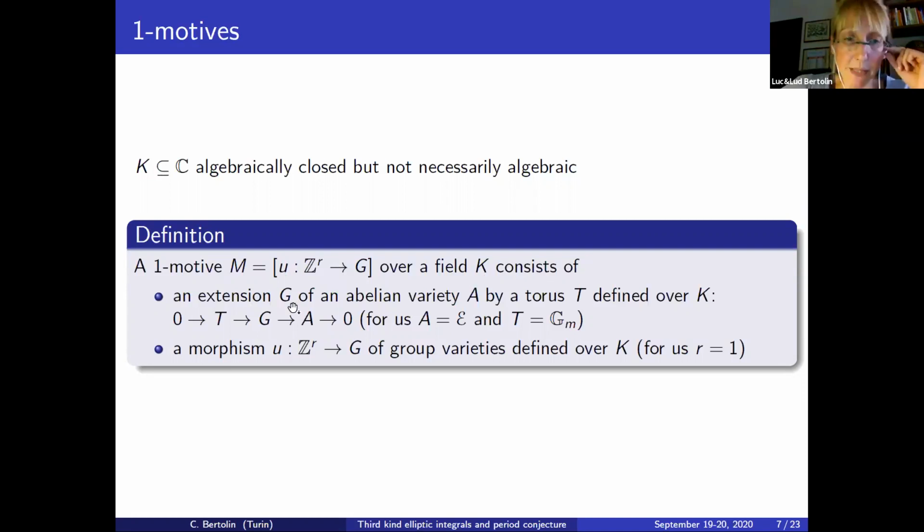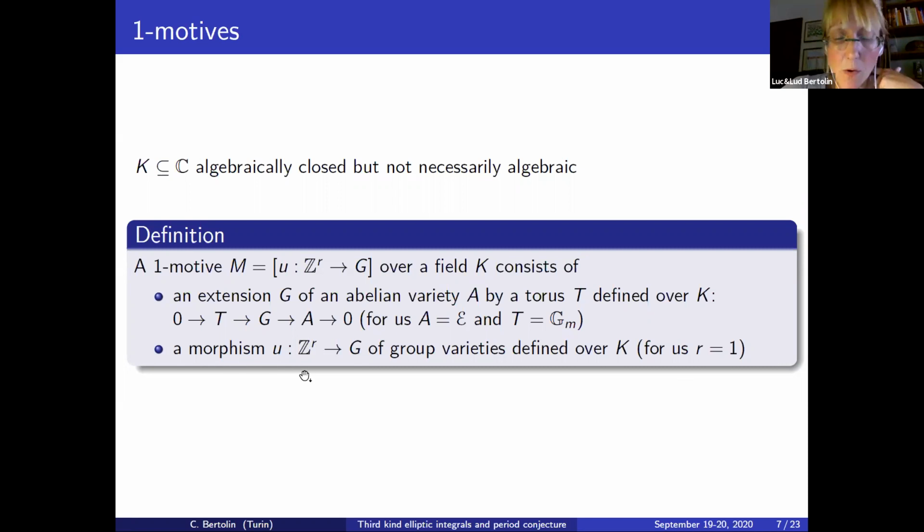So we have that G is an extension of an abelian variety by a torus in general, but for us, the abelian variety is just the elliptic curve, and the torus is just Gm. And we then take a morphism of groups from Z^r to G. And in order to make things easier, we will take r equal to 1.